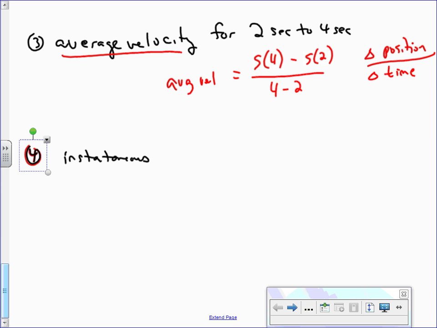Instantaneous velocity at 2 seconds. I'll write that so you can read it.